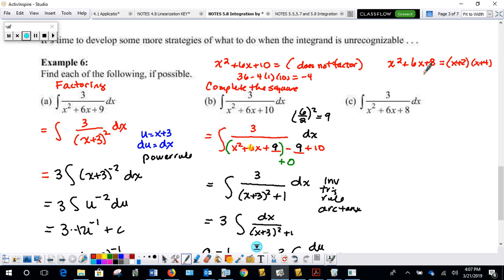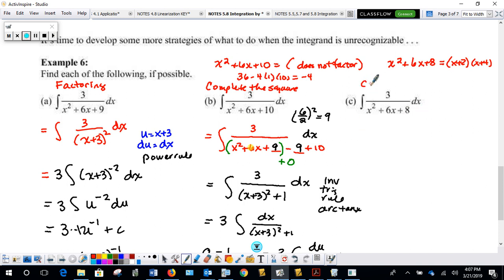However, this is not going to help me, because you can't split, at least right now, when you have two different ones. And I can't do a u substitution, because you can't let u equal x plus 2, because then nothing happens over here. So factoring is not going to help me.